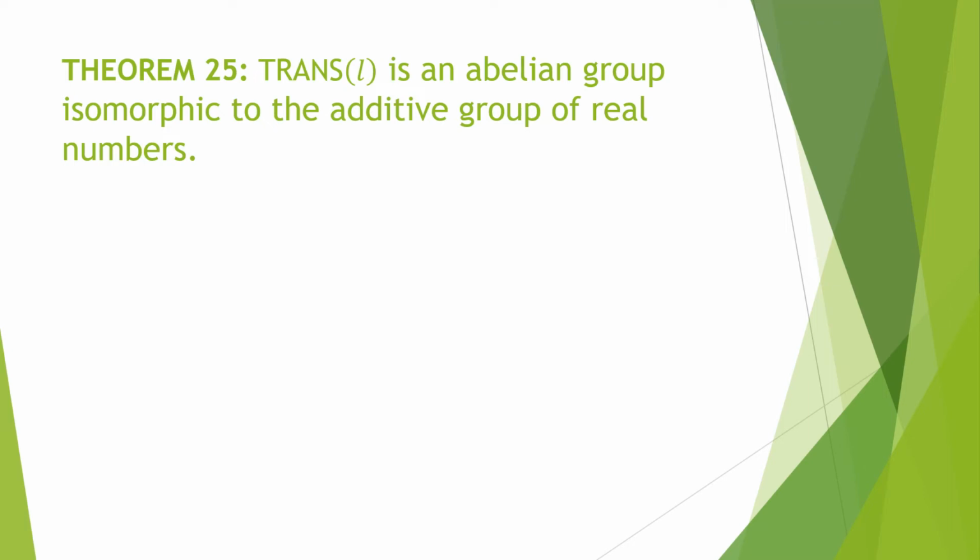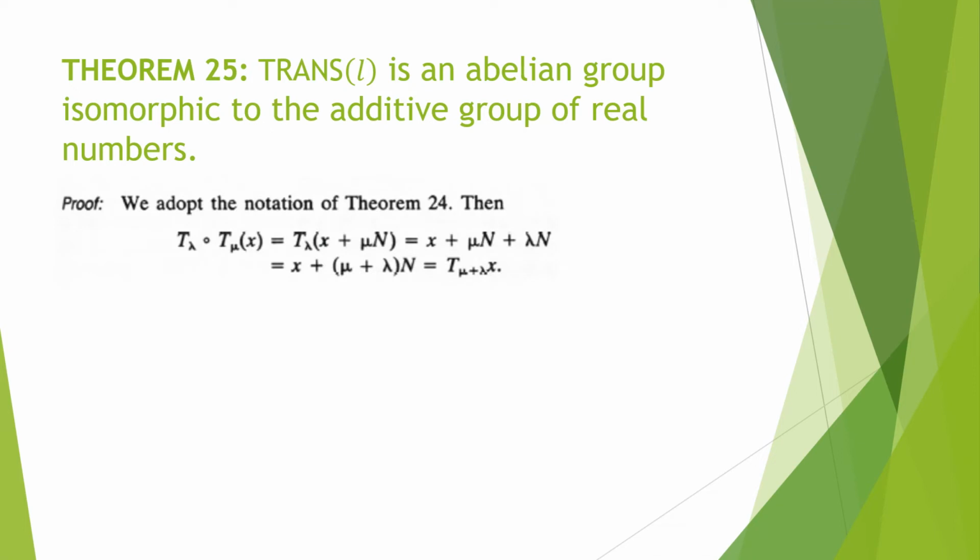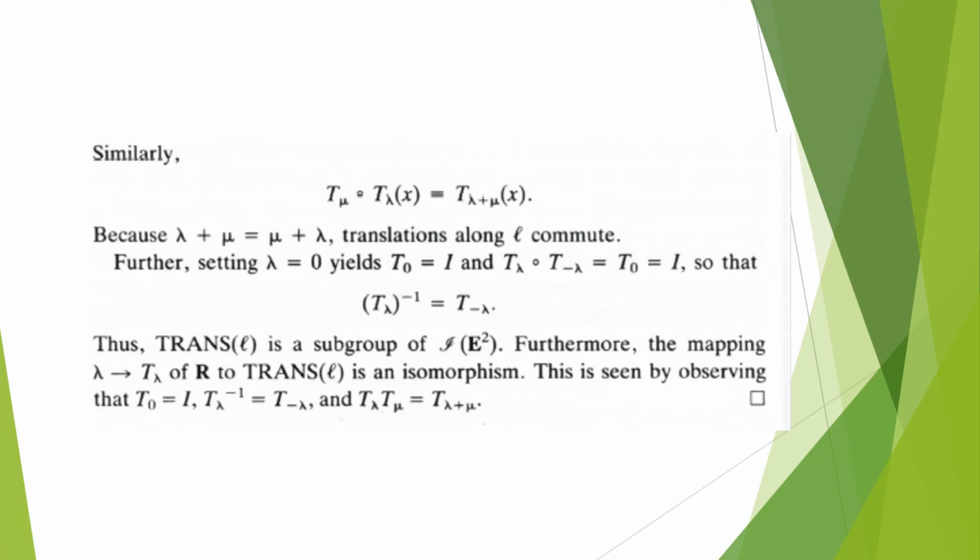Theorem 25: the translation along L is an abelian group isomorphic to the additive group of real numbers. Similarly, t sub mu of t sub lambda of x is equal to t sub lambda plus mu of x, because lambda plus mu is equal to mu plus lambda. Translations along L commute, so it has the commutative property.